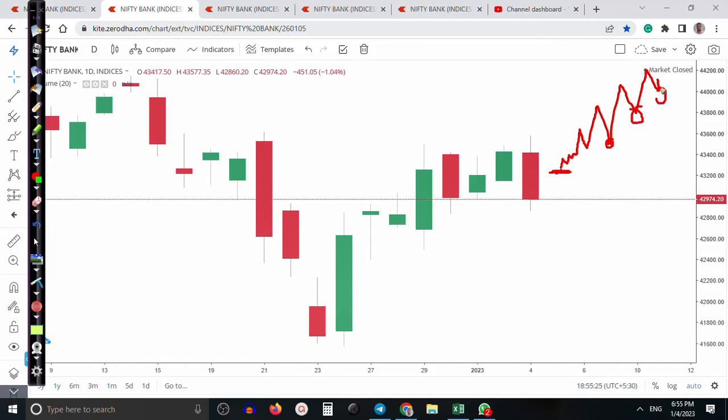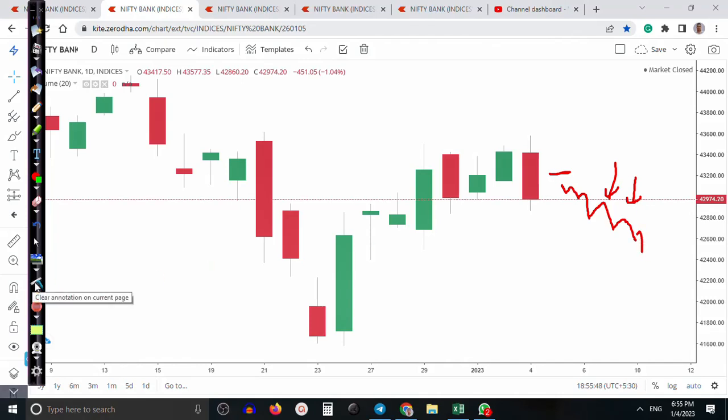If price creates a lower side, they change the trend, and we are looking for a short. At the same time, if price opens somewhere here and stays like that, and we are using the price action method, we are looking for a short. That is the method. Where price opens doesn't matter, we will use the price action method.